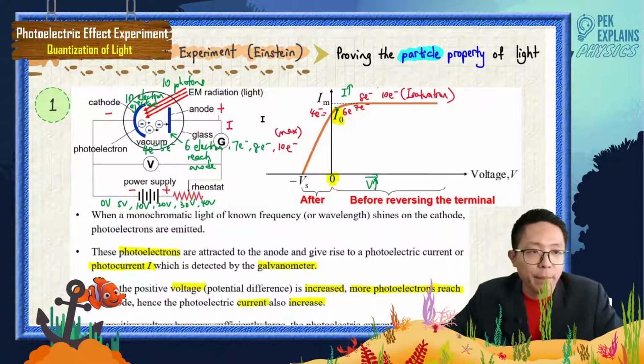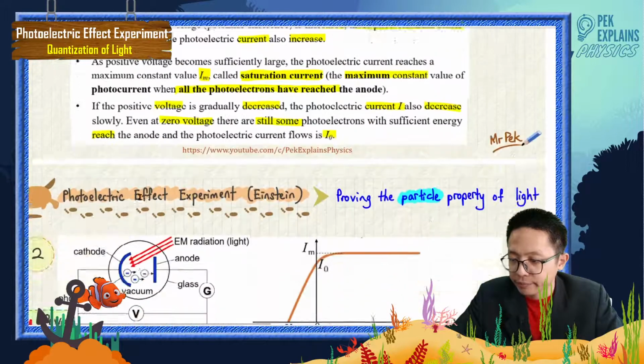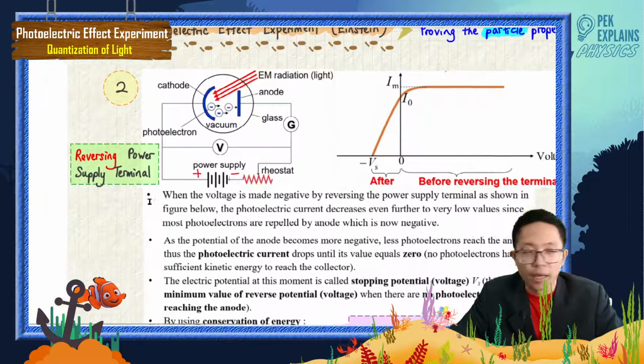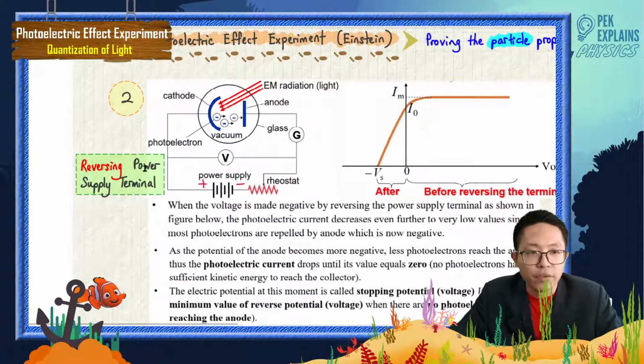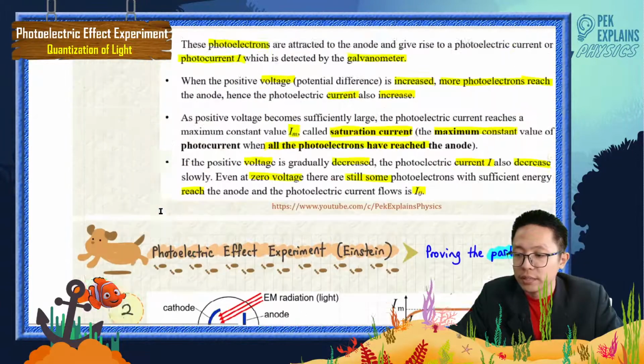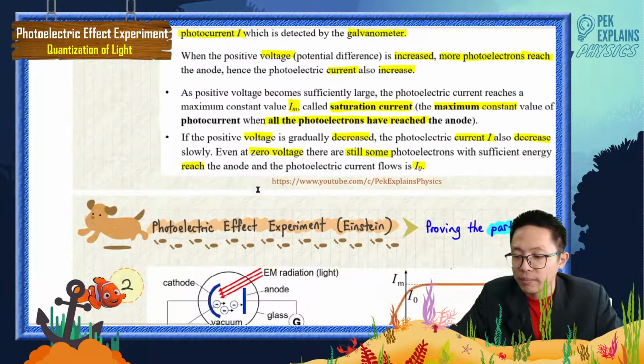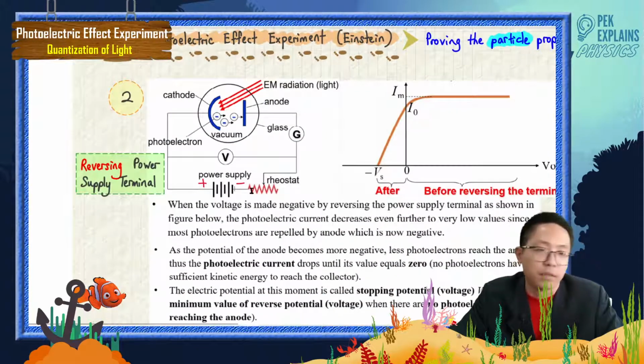Now the second part, I reverse. This part becomes positive and this part becomes negative. You see, I reverse the voltage. I'm reversing the power supply terminal. From negative-positive, now I reverse it to positive-negative.